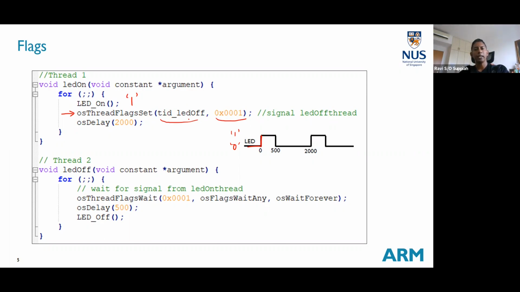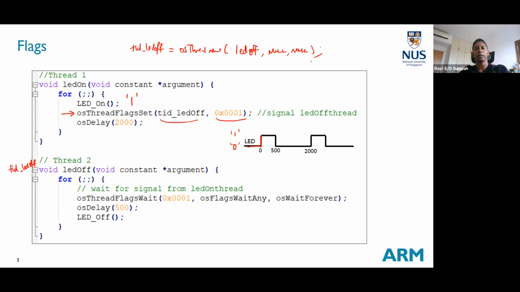That code is not shown here, but basically when I call OS thread new and associate it with the LED off function, it will return me the ID. That ID is captured earlier on over here.